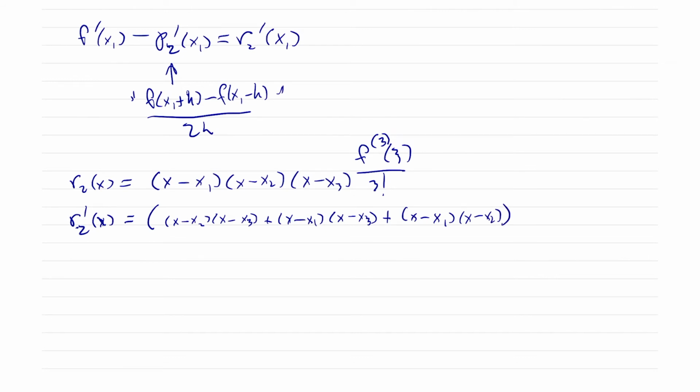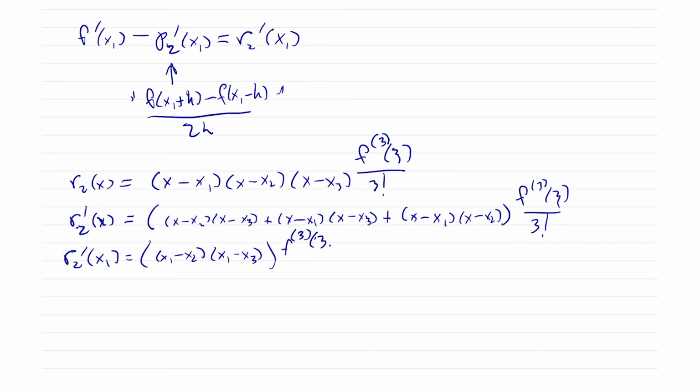There we go. Times the third derivative at xc, divided by 3 factorial. Put in R2 prime at x1, and what do we get? Well, we have (x1 - x2)(x1 - x3) times the third derivative at xc, divided by 6, let's say.